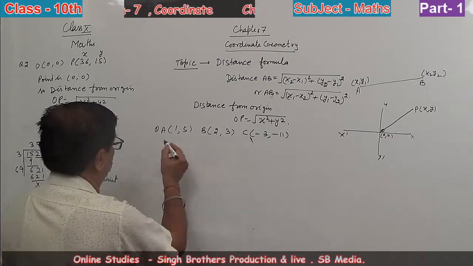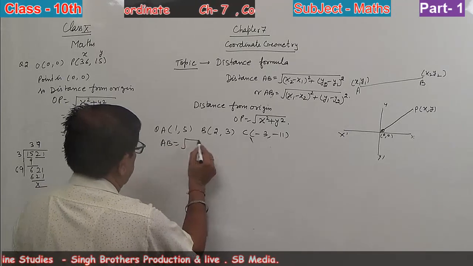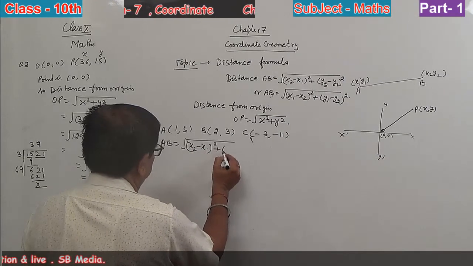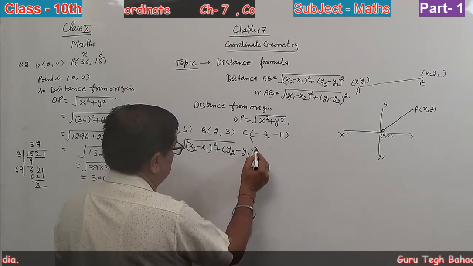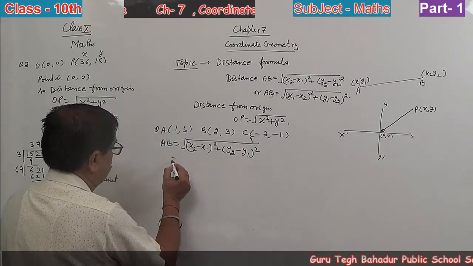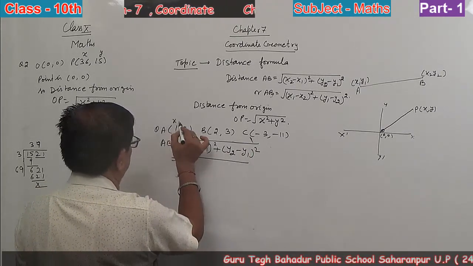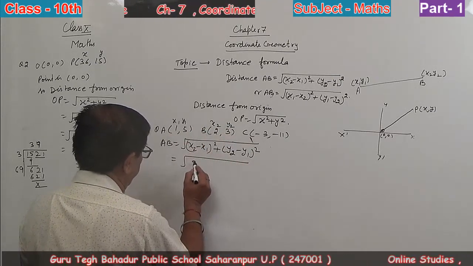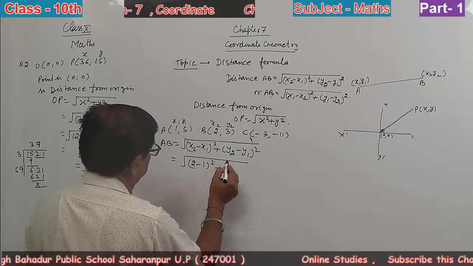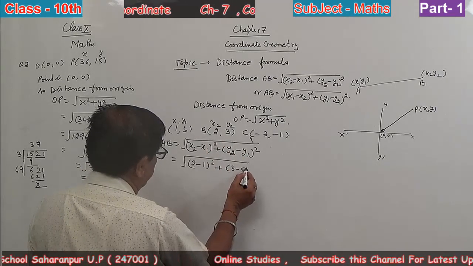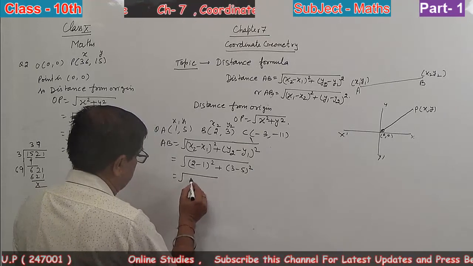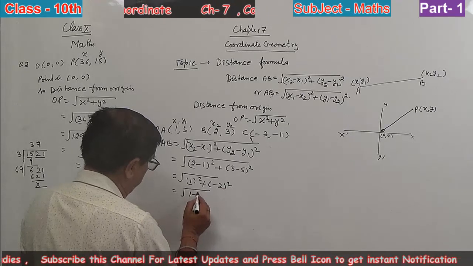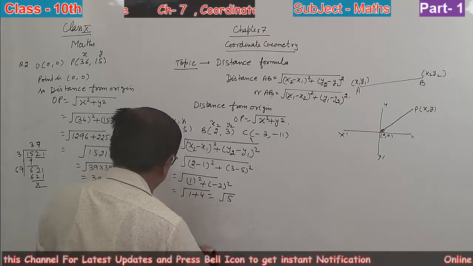First find AB. x2 minus x1 whole square plus y2 minus y1 whole square. This is x1, y1, x2, y2. 2 minus 1 whole square plus 3 minus 5 whole square, that is 1 square plus minus 2 square, that is 1 plus 4, root 5.